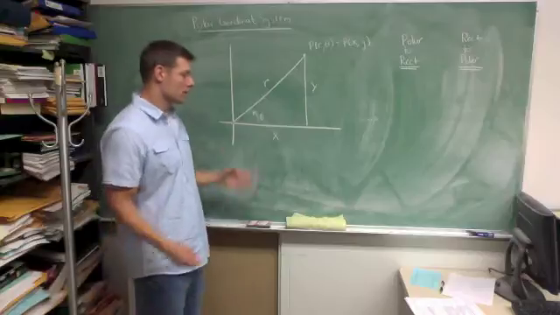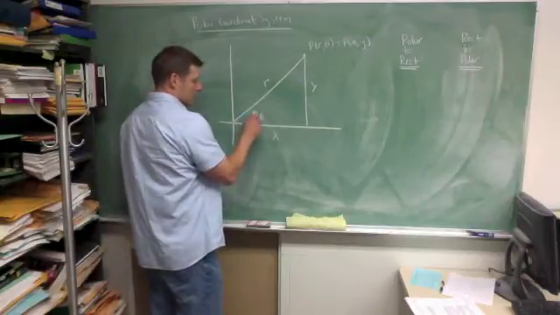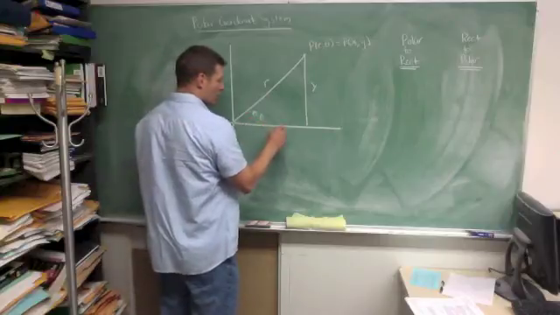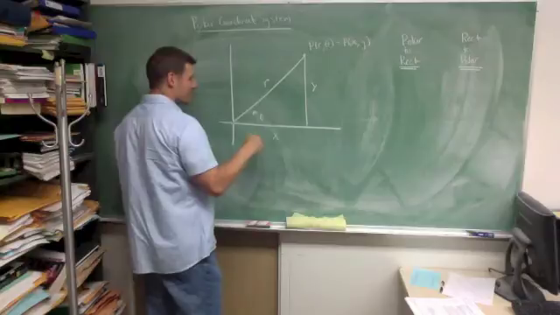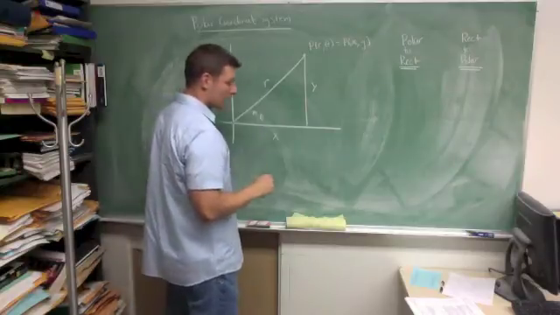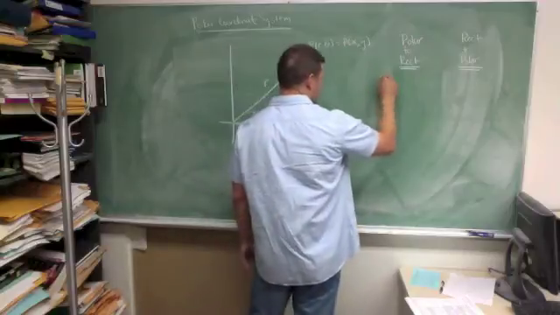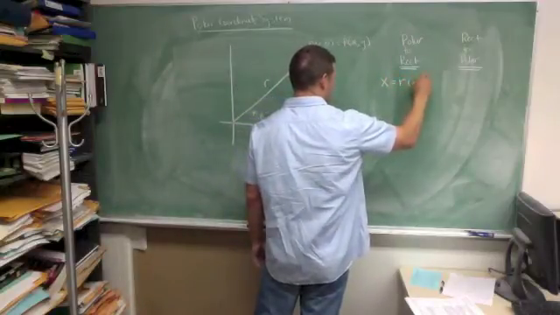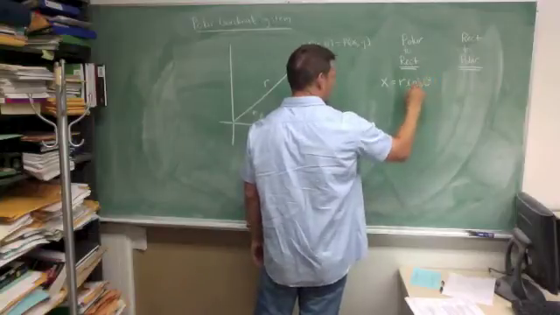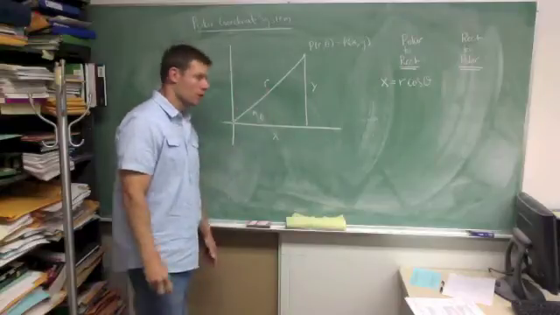Suppose we have this. Then as we already know, cosine of theta is adjacent over hypotenuse, x over r. So if I solve for x here, then I'd get x equals r cosine theta. Cosine theta equals x over r, right? Good.